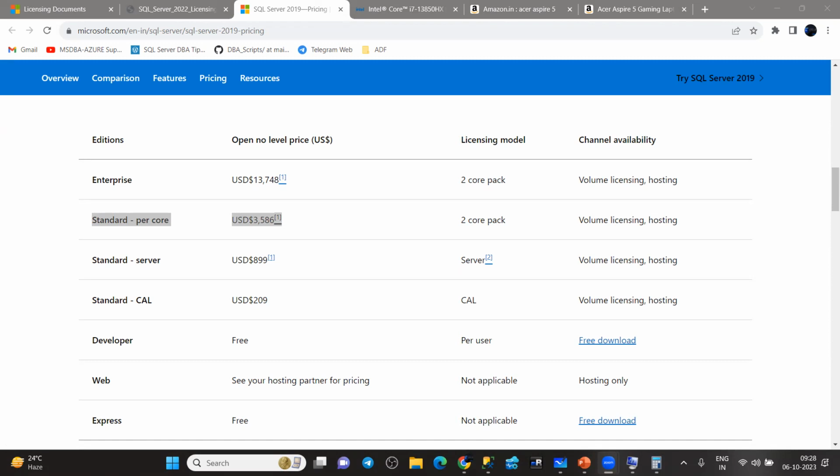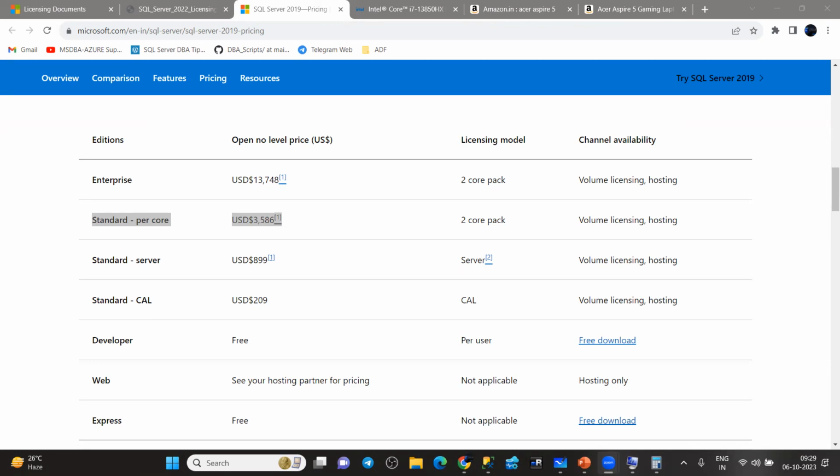But sometimes, sir, if the application team does not have much idea about how licensing works, and of course, you also do not have much idea about licensing, then you can go to Microsoft and create a case. You should not call it a ticket when you go to Microsoft, you should call it a case.